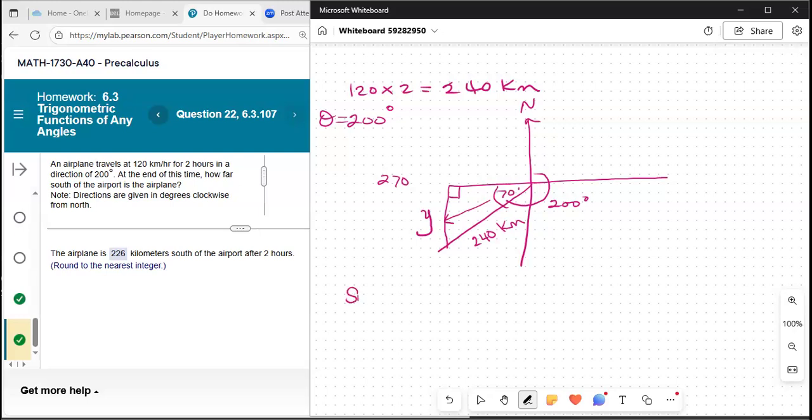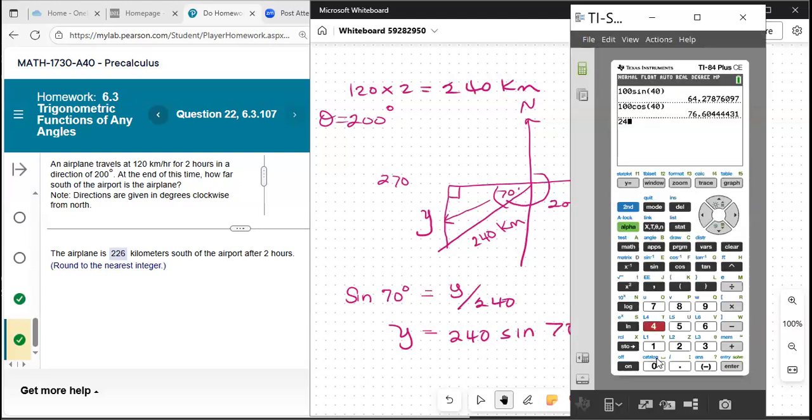So we know the sine of 70 degrees is equal to Y over R, which is 240. So Y is 240 times the sine of 70. And we get 226 kilometers.